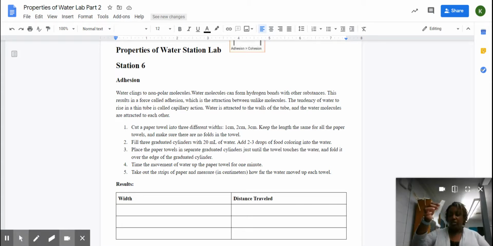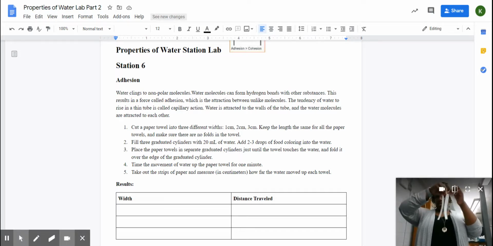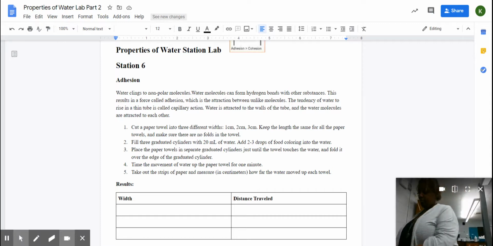Here's my 3. So I have my different, uh-oh, I dropped it. 1 second. I have my 3 different paper towel widths: 1 centimeter, 2 centimeters, 3.